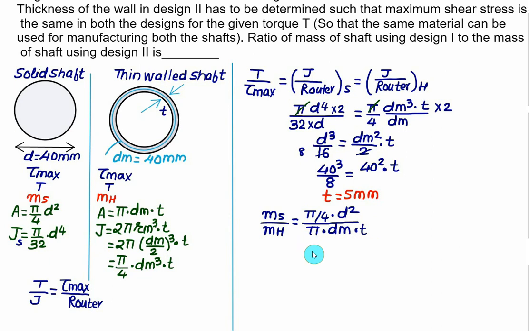So pi will be cancelled, and we are left with d square. D square is equal to 40 square. So we have 40 square divided by 4 into dm equal to 40 and thickness t equal to 5. 40 cancels, 1 by 40 is left, and 4 times 5 is 20. It means that this answer is exactly equal to 2 times.